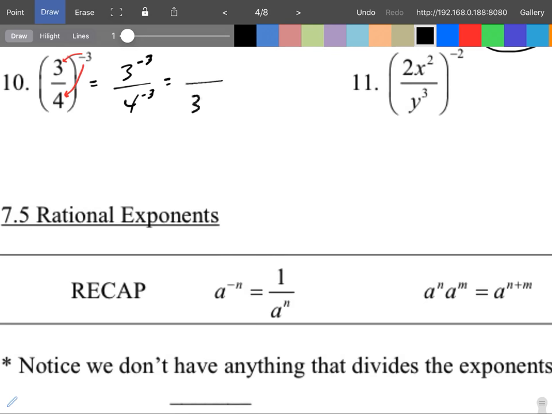So the 3 in the numerator is going to go to the denominator, and you change the power from negative to positive. And then if it's in the denominator with a negative power, you move it to the numerator, so the 4 goes up on top, and you change the power from negative to positive. So then your final answer is 4 times 4 times 4, I think that's 64, over 3 times 3 times 3, which is 27.